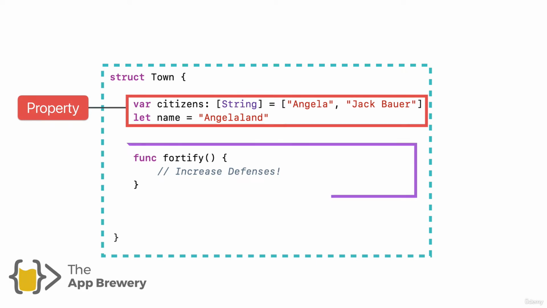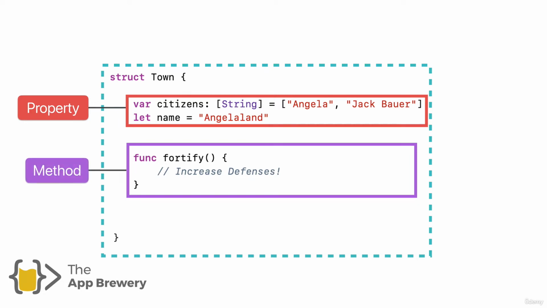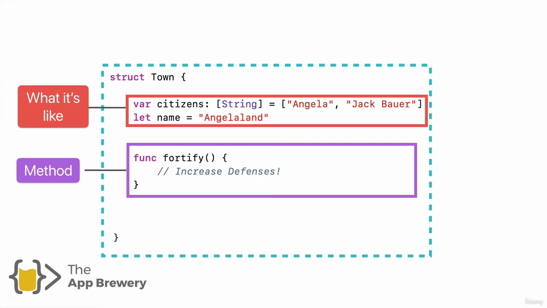Similarly, we've created functions inside our structs, and when functions are created inside a struct, they're known as a method. So you can consider these properties as a way of defining what this eventual object created from the struct will be like, so its attributes or its properties. And the methods can be thought of as what the object can do.